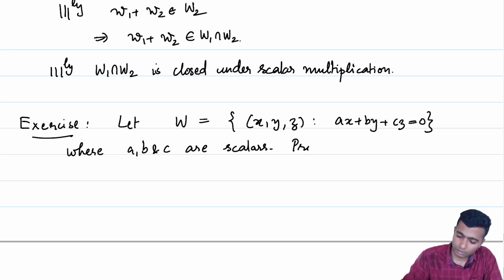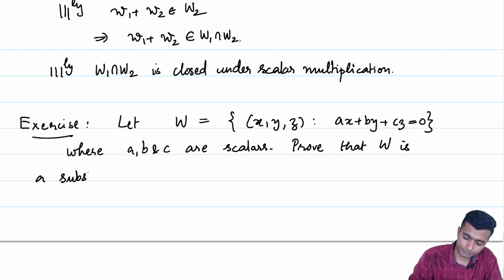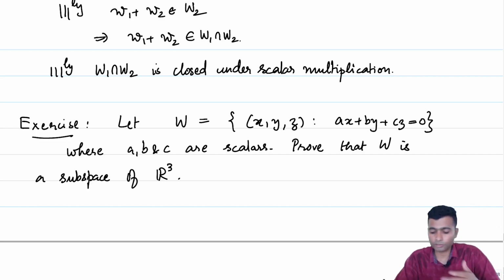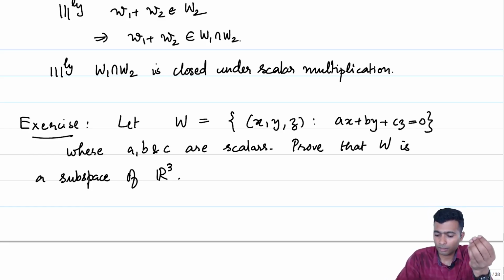Prove that W is a subspace of R3. If you prove this exercise for every collection of scalars A, B, C, look at W corresponding to the equation Ax plus By plus Cz equals 0. That is going to be a subspace.